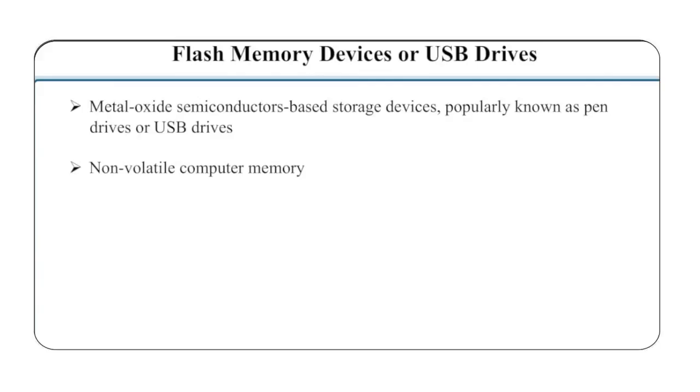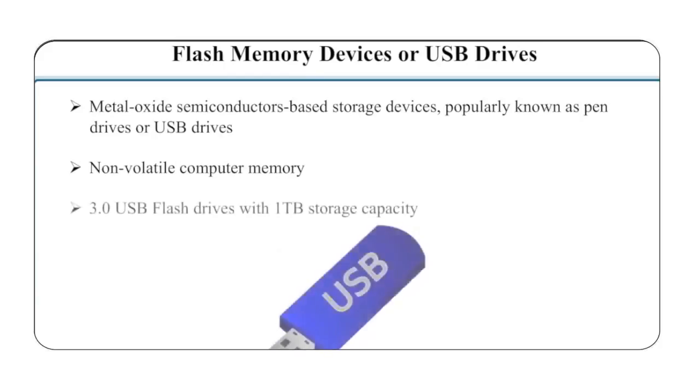It is a technology that is primarily used in memory cards and USB flash drives for general storage and transfer of data between computers and other digital products. Flash memory stores information in an array of memory cells made from floating gate transistors.